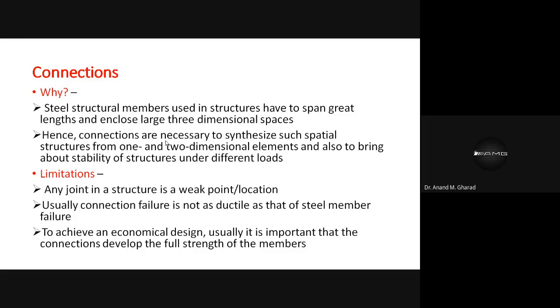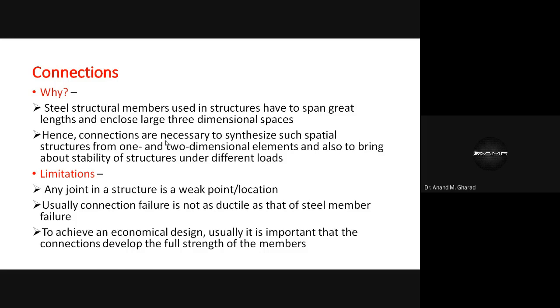Slowly you will understand how these connections are prepared, and based on that understanding you will come to know that the connection forms a weak portion or weak joint. Okay, so since it is a joint, any joint in a structure is weak. It is a weak point.